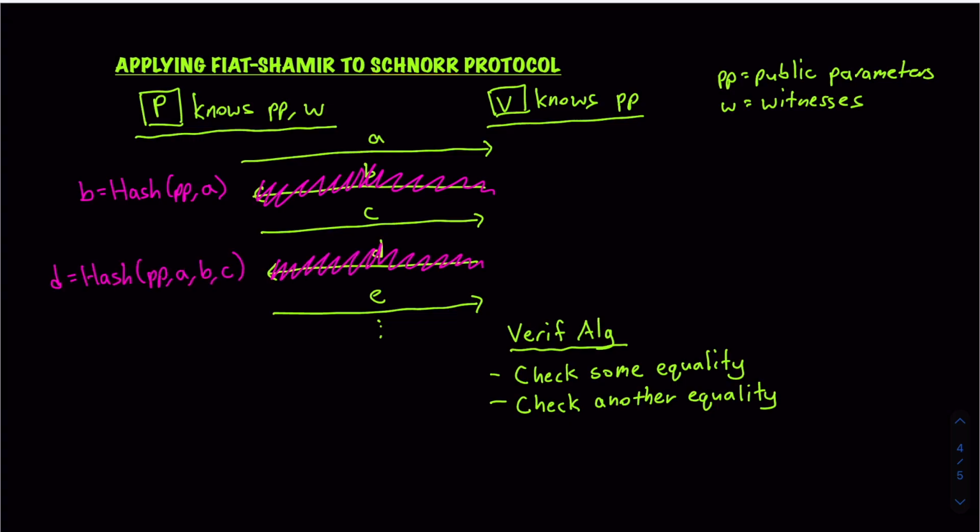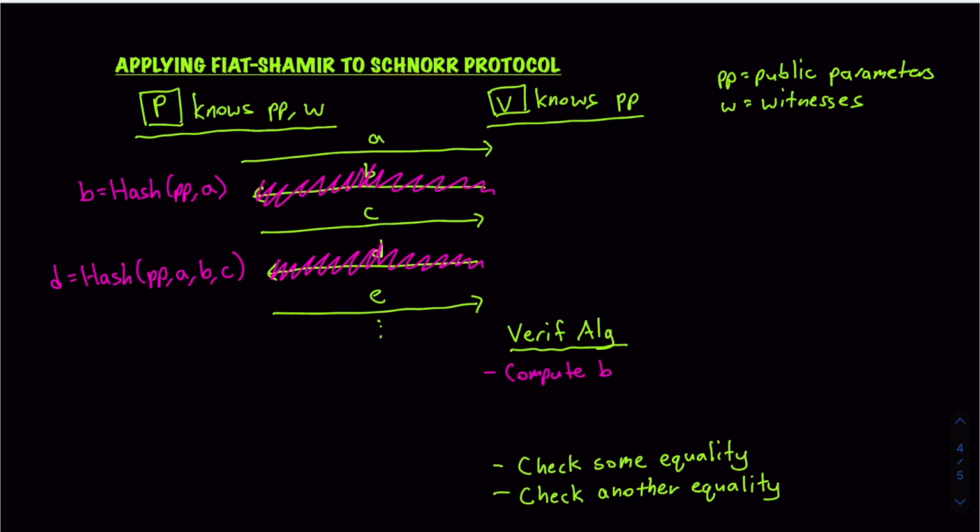During verification, the verifier will then need to compute all these hashes themselves and then use the resulting values in the equality checks to keep the prover honest. And that's it. That's the core idea of Fiat-Shamir for multi-round protocols. The prover replaces the verifier's random sampling with hashes of the transcript, and the verifier just verifies that everything lines up by recomputing these hashes themselves and plugging these values into its original verification algorithm.